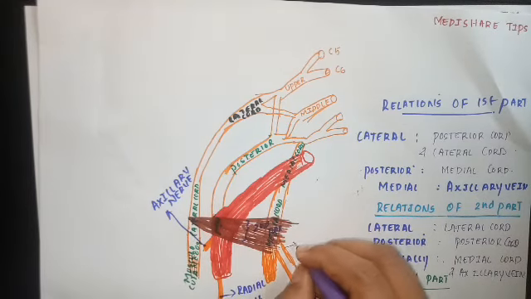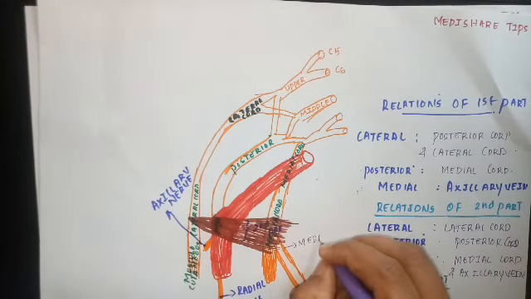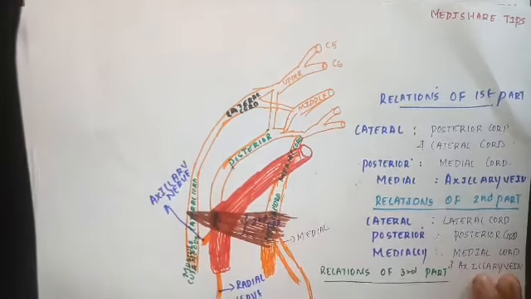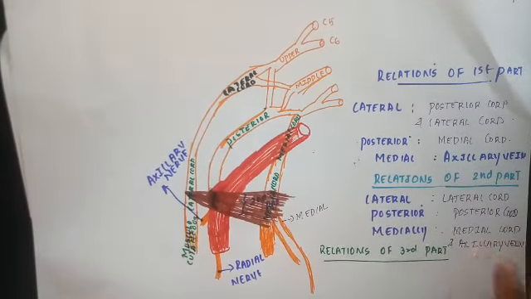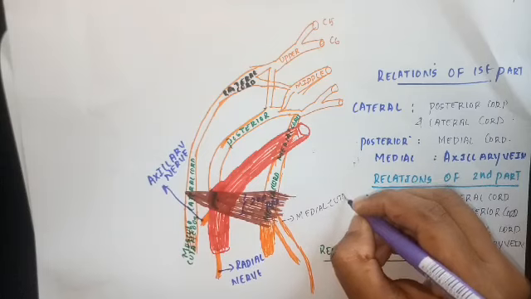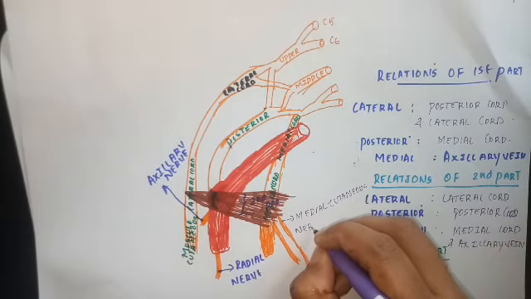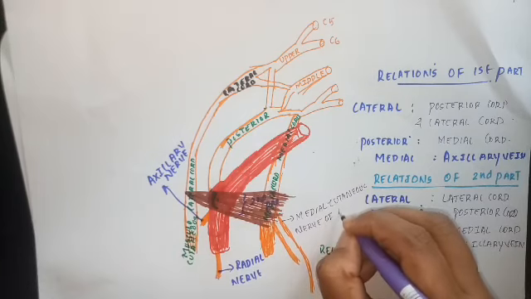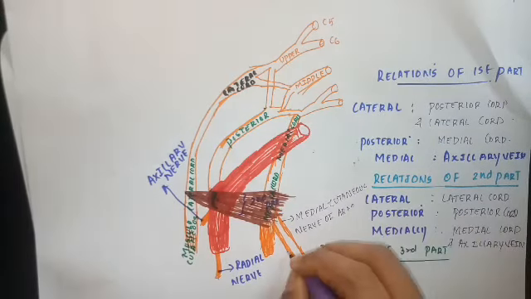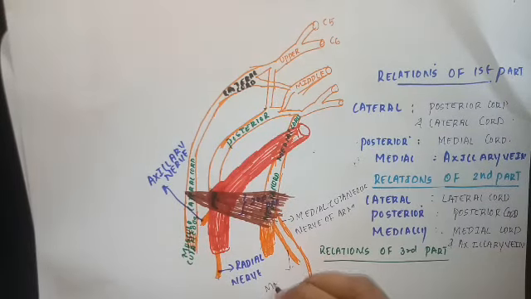This is medial cutaneous nerve of arm. And this one is medial cutaneous nerve of forearm.